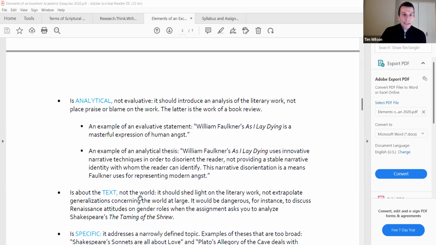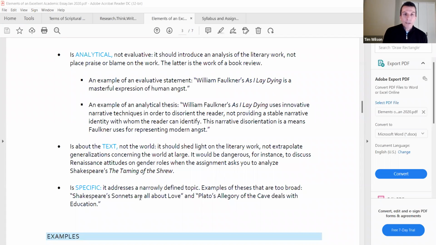So next, the thesis has to be about the text, not the world. It should shed light on the literary work and not extrapolate generalizations concerning the world at large, okay? This is another danger I see in first-year essays that are trying to look at literature. I think part of it comes from, I don't know much about Henry V because I hardly read it.